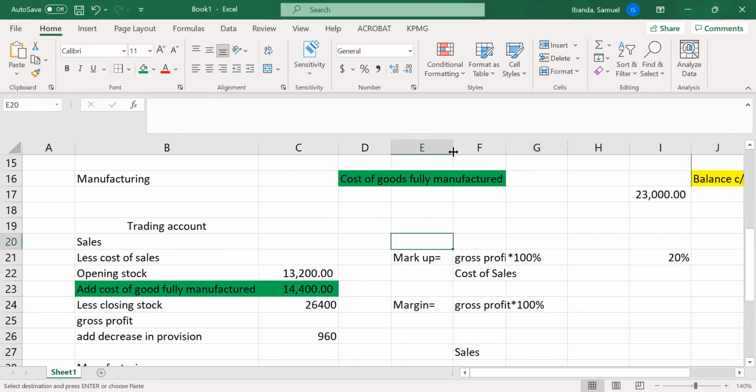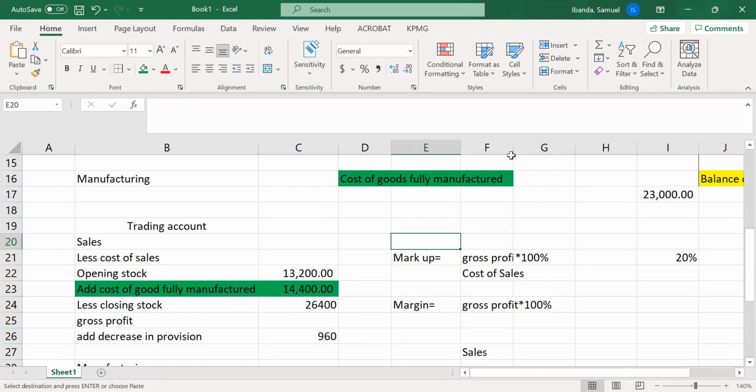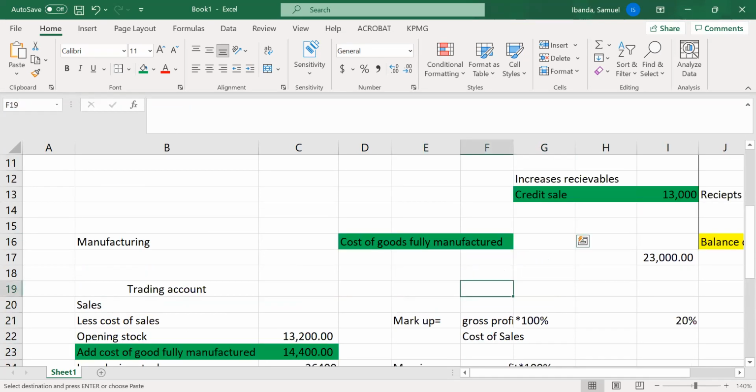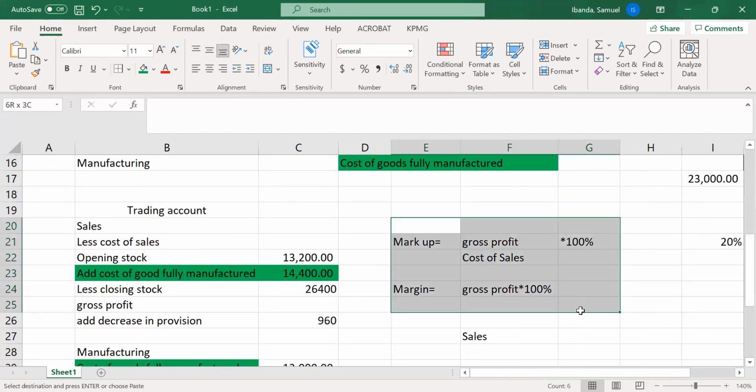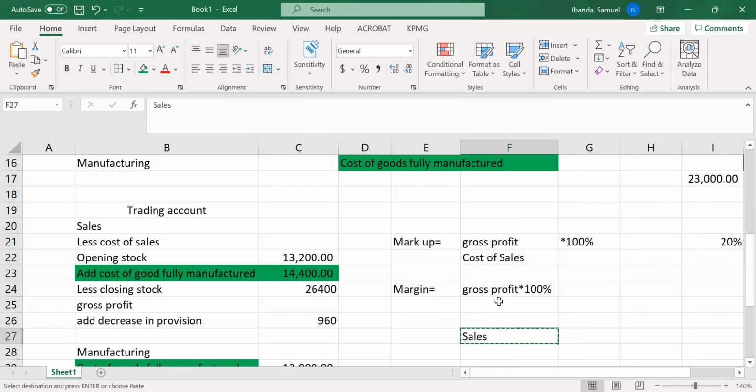Okay, just remain on. Are you seeing my screen? Yes. Have you seen this that I tried to give here? I said that margin is gross profit over sales, times 100.